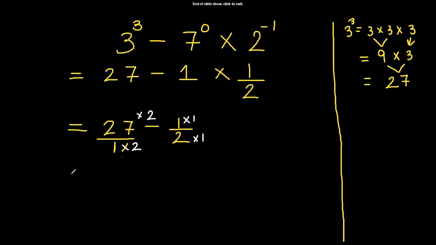So it's gonna be equal to 54 over 2, 27 times 2 is 54, minus 1 over 2. And so we have 54 minus 1, which is 53 over 2.